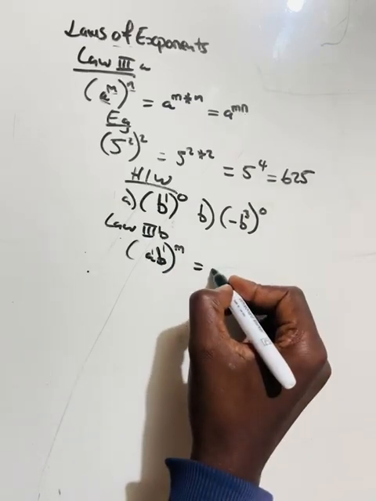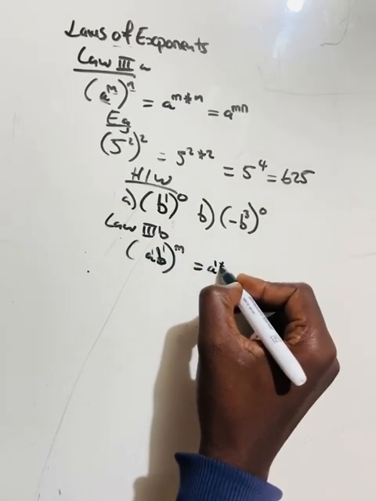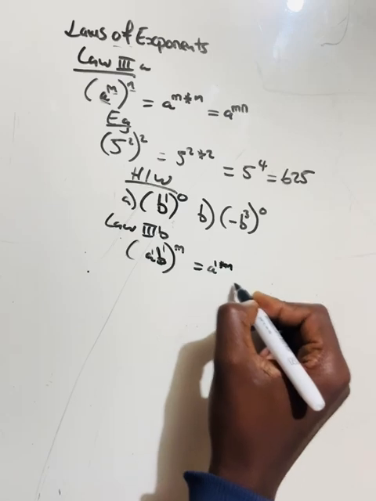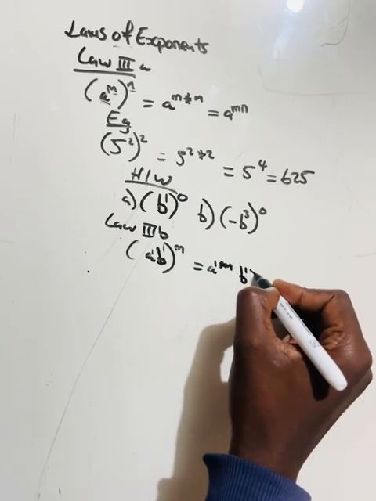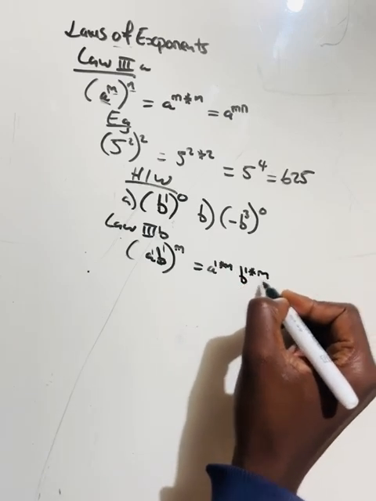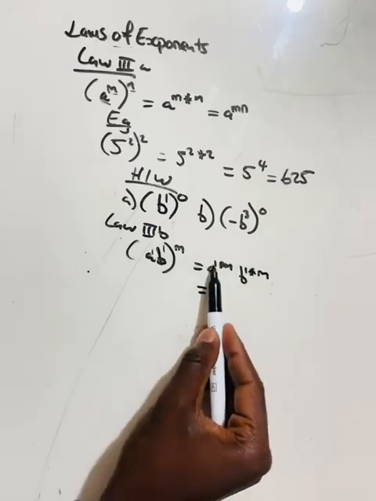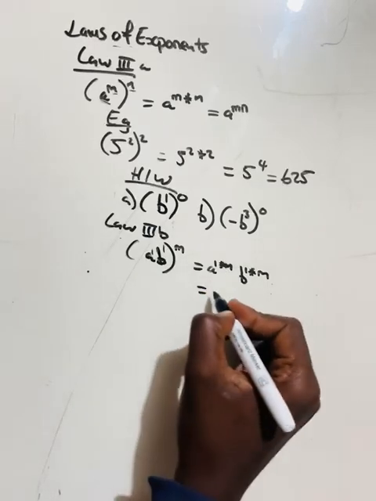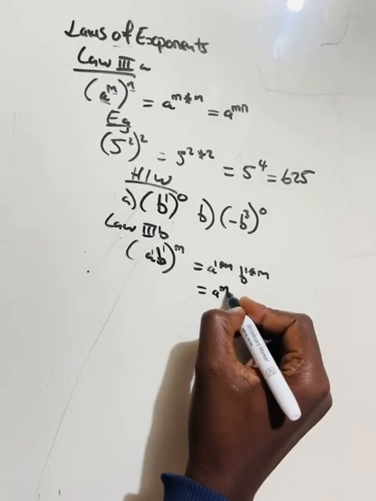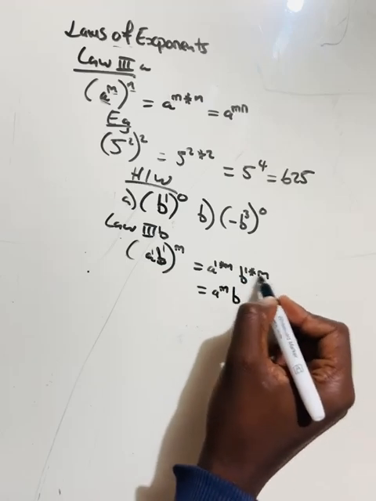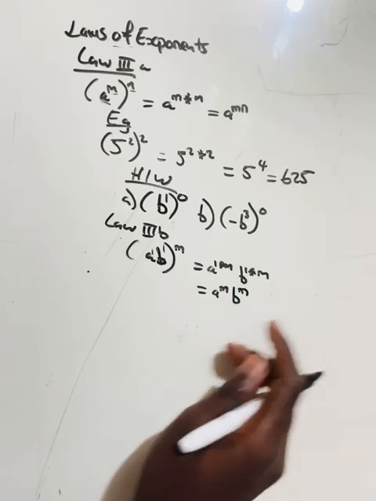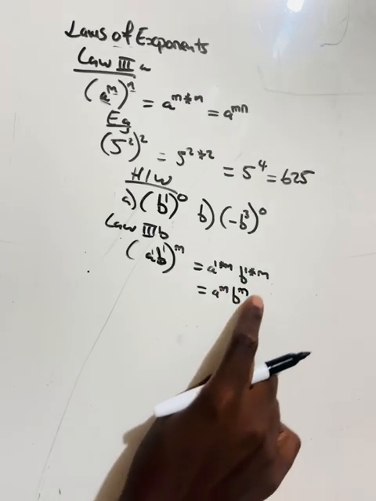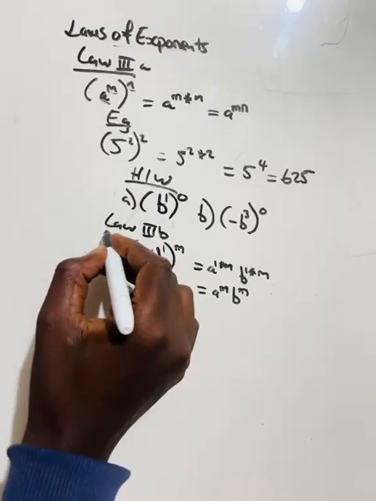In other words, we've got a to the power 1 multiplied by m, and we've got b to the power 1 multiplied by m, which is equal to m. So we've got a to the power m and b to the power m.